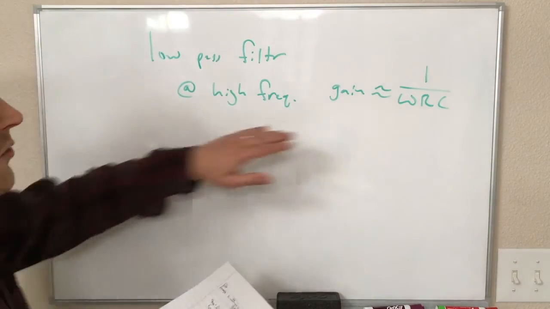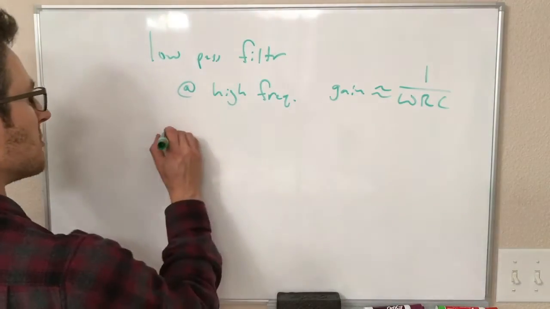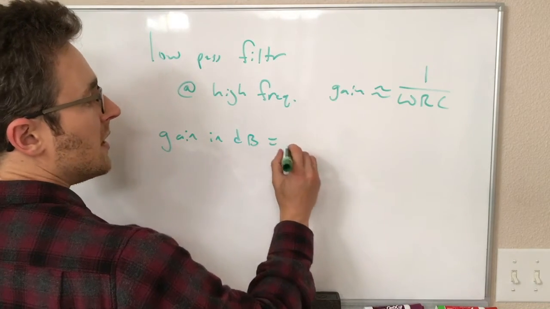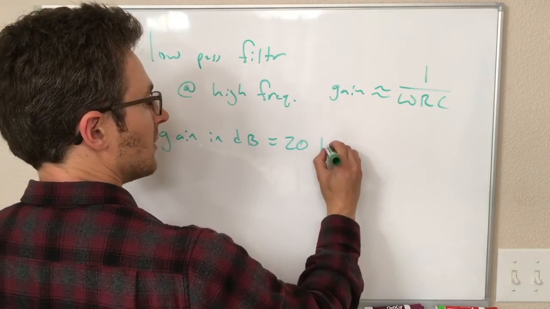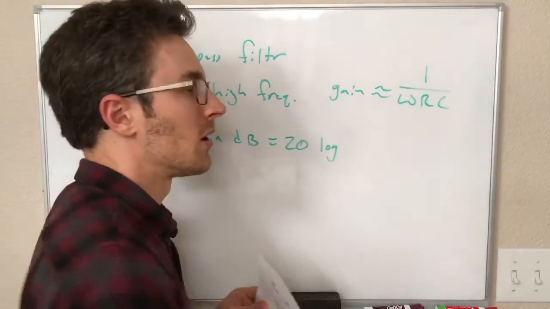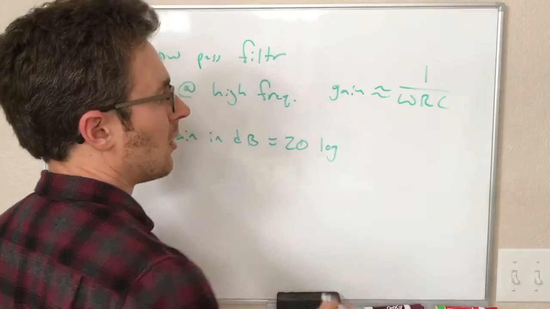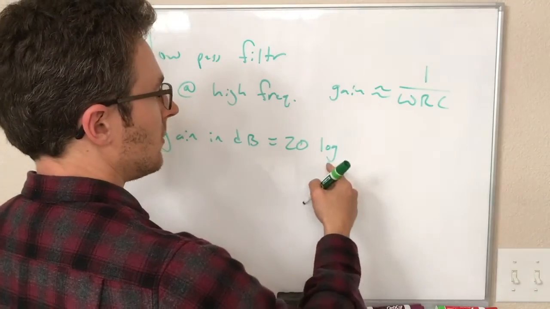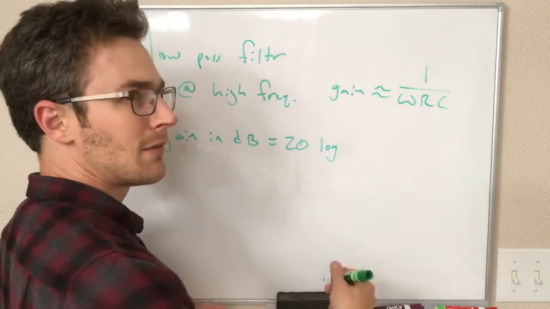So if we were to write an expression for gain in decibels, it's equal to 20 times the log of 1 over omega RC. Well, if you remember your logs, a multiplying constant like RC, these are constants, is just a number that gets added outside the log.